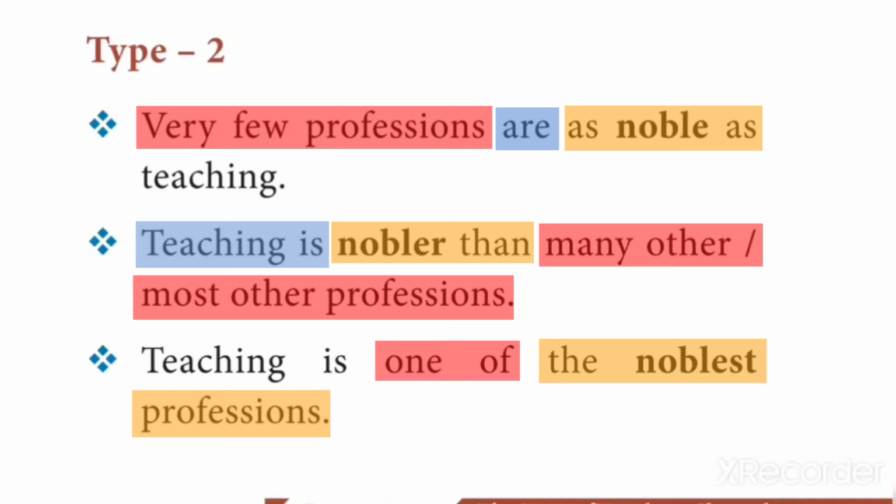So, in this type, positive degree starts with very few, and in comparative degree we use many other or most other, and in superlative degree we find the phrase one of. And in all the three types, the noun is plural. Very few professions are. In comparative degree, it becomes many other or most other professions. And in superlative degree, it becomes one of the noblest professions.